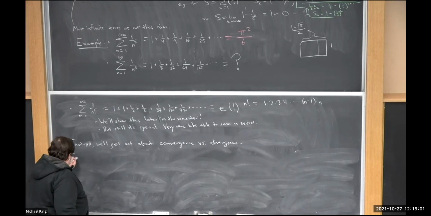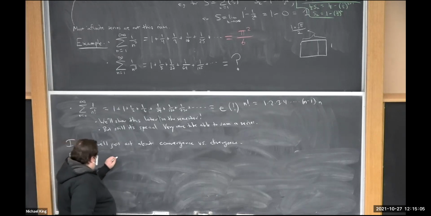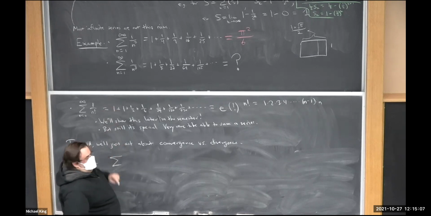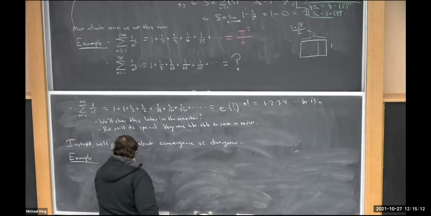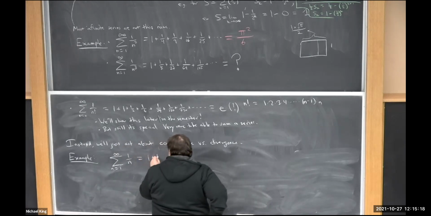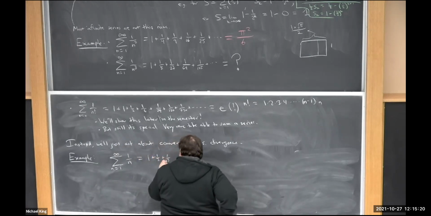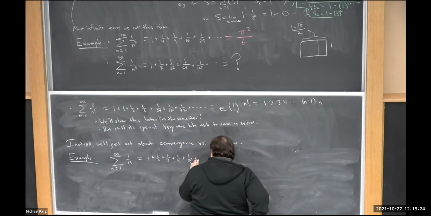Okay, so here's the first big example I want to talk about. Because I did these examples, but there's something even more simple, which is just 1 over n. This is something you might think about trying to add: 1 plus a half, plus a third, plus a quarter, plus a fifth, plus a sixth, and so on.